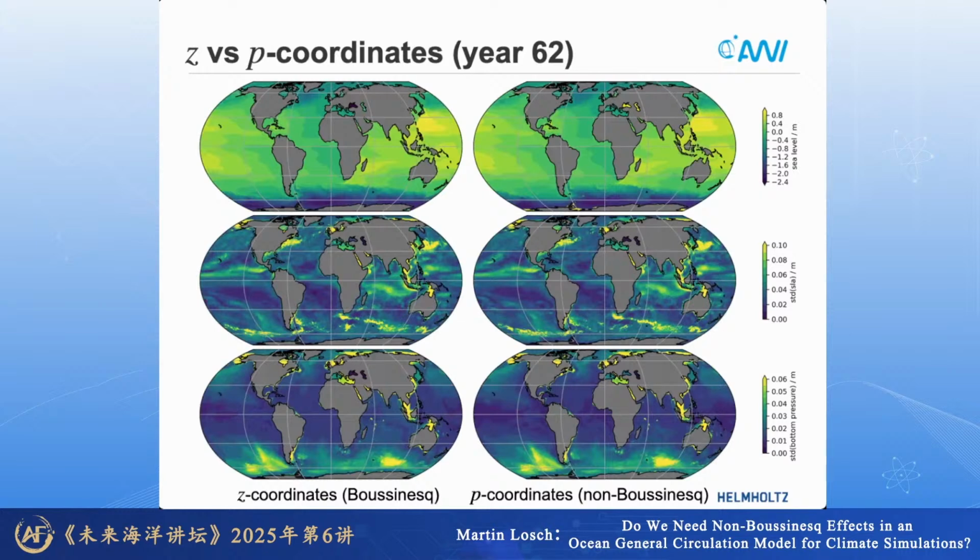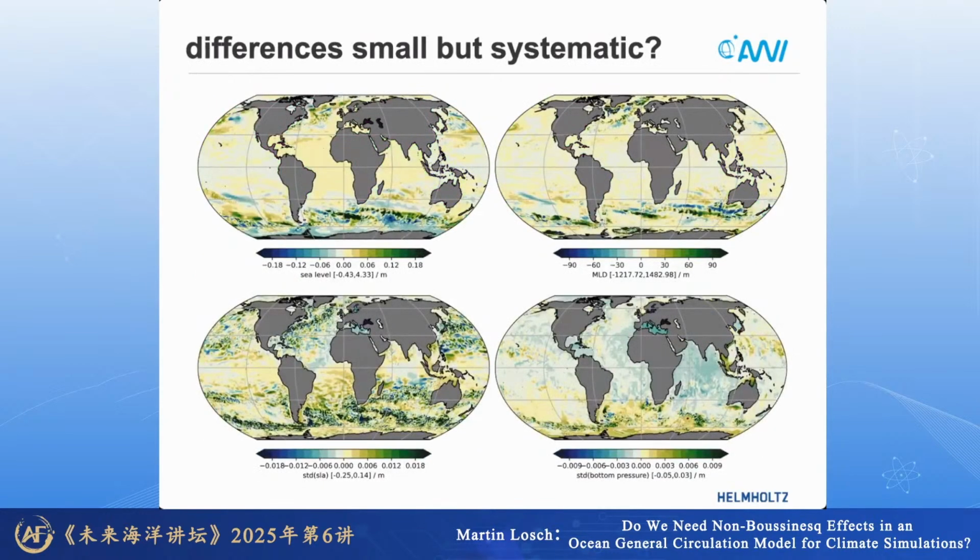At first sight it is not so different, but if you look at the differences in the difference plot, then you see that there are actually differences that are maybe not negligible. So especially again in the Southern Ocean, this seems to be very important. Top left is the sea level differences. Bottom left is the standard deviation of the sea level anomaly.